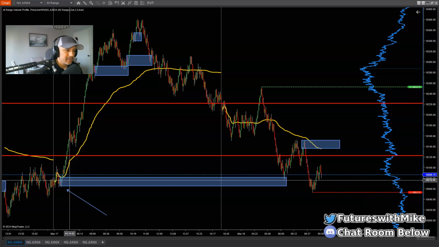The more you can use multi-chart confluence and move down to a lower chart, looking for a better entry at a key zone on a higher time frame, that's how you're going to minimize the drawdown.